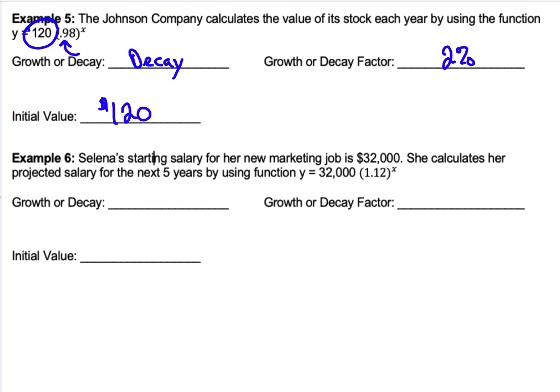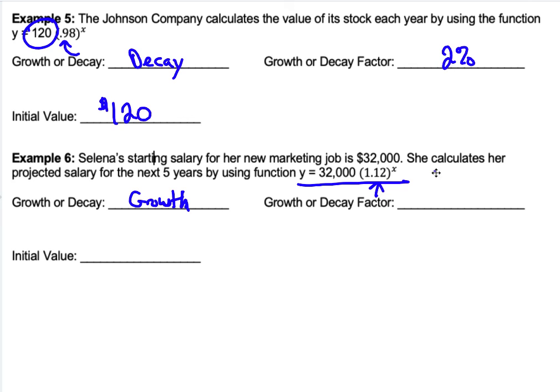Next one, Selena's starting salary for her new marketing job is $32,000. She calculates her projected salary for the next 5 years by using this function. y is equal to 32,000 times 1.12^x. Well, I look in those parentheses, it's greater than 1, so that's going to be growth. Because anytime I'm multiplying by something larger than 1, it's going to increase.